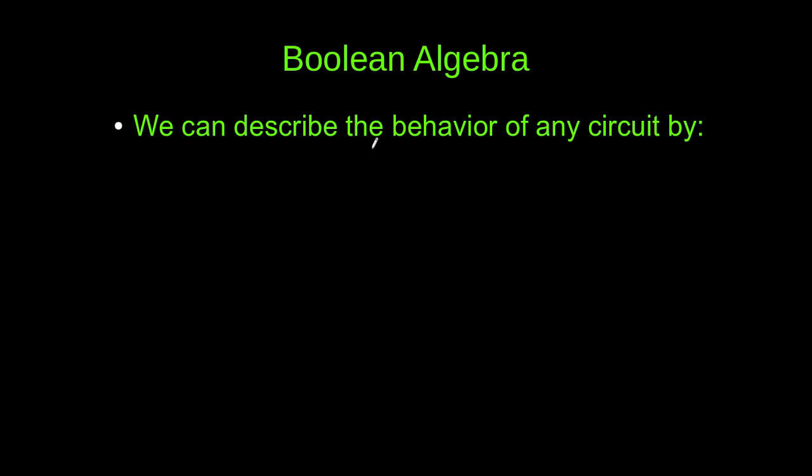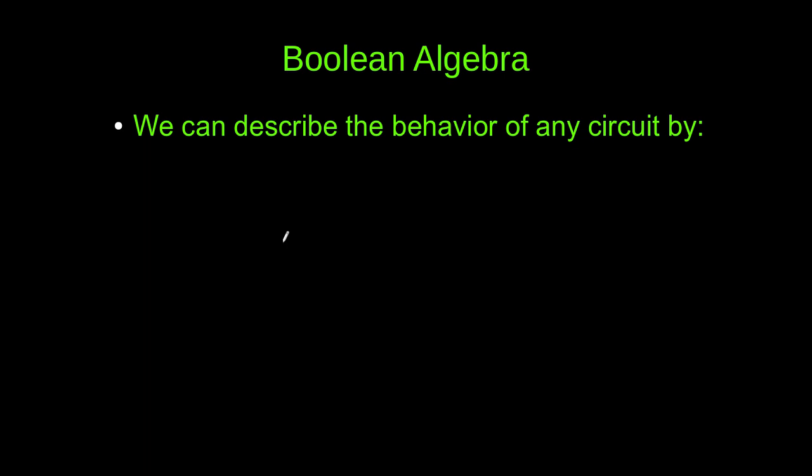Okay, Boolean. We can describe the behavior of any circuit, an integrated circuit, a CPU, an FPGA, any chip, a microchip, an airplane chip, those remote control airships, the microwave chip, all those are considered circuits.